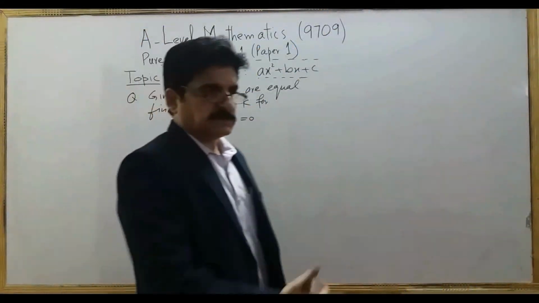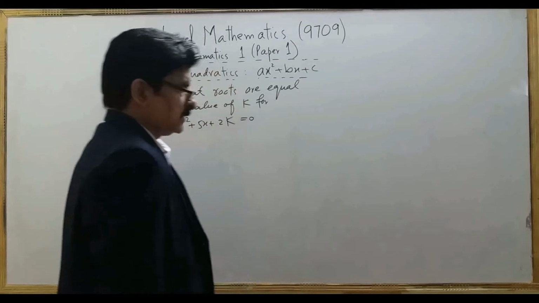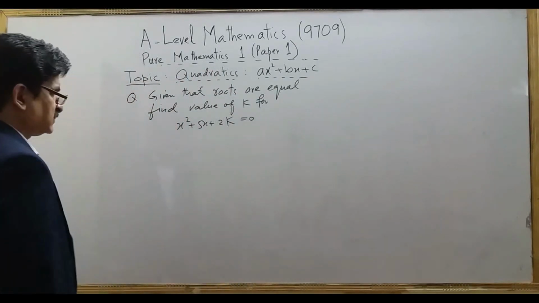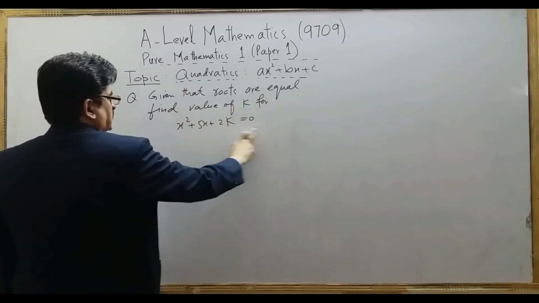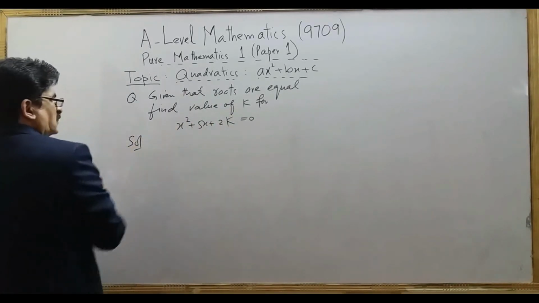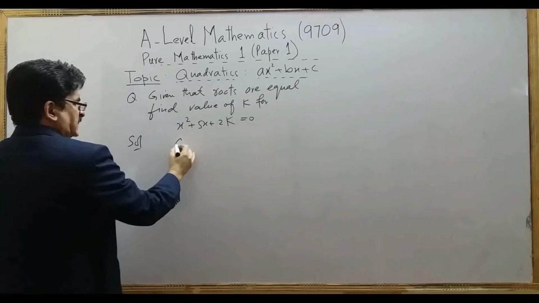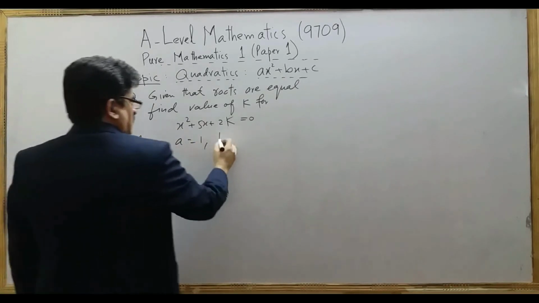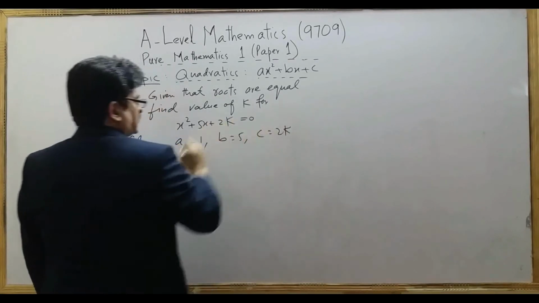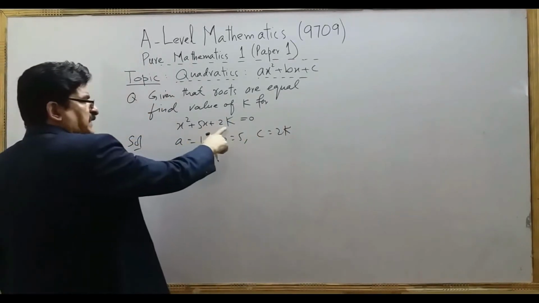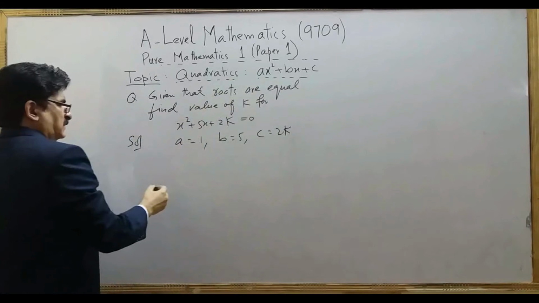Okay, let's apply this idea of the discriminant, or see the application of this. Given that roots are equal, find the value of k for this quadratic equation. Now the solution is that, understand that your a is 1, b is 5 and c is 2k. Here k is unknown. We have to find k with this given information.